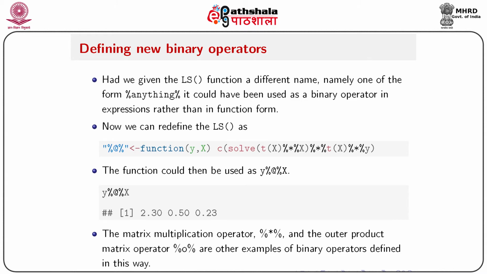How to define a new binary operator? If you can recall the matrix multiplication, where the asterisk was given in between two percent symbols. So this is actually one kind of binary operator that is already defined in R, but R has the flexibility to define new binary operators as per your choice.